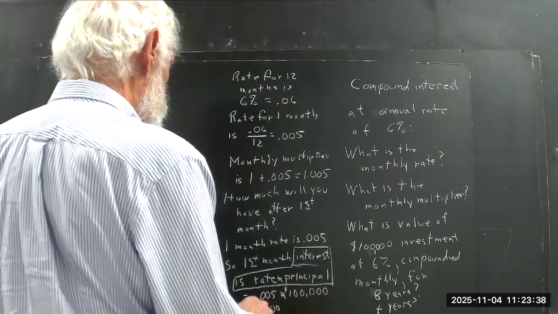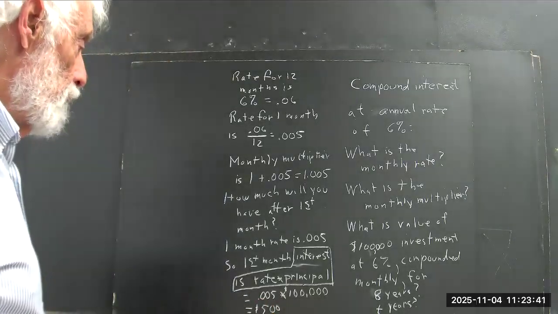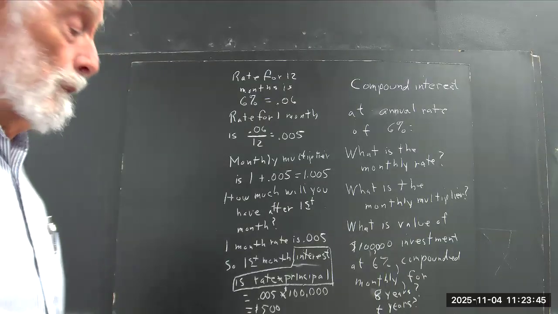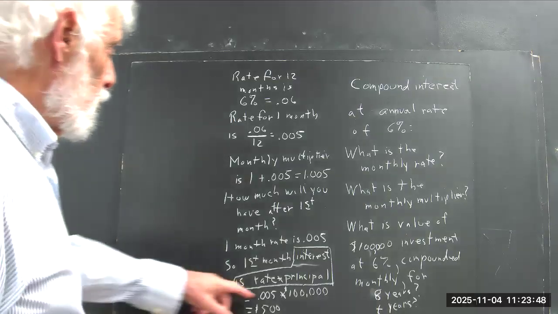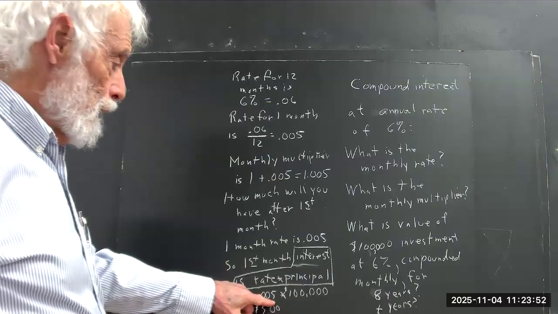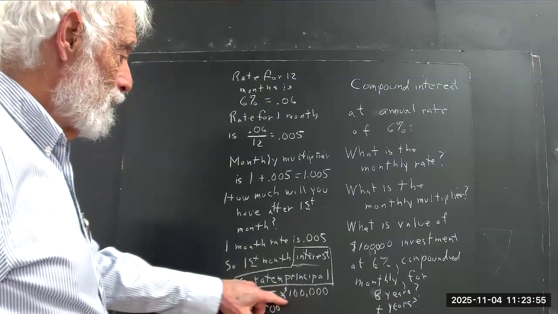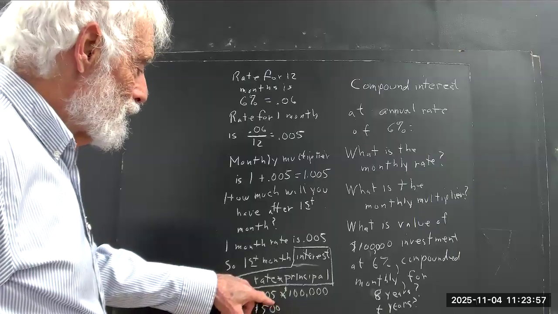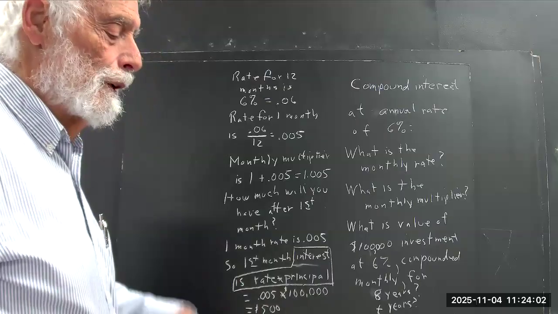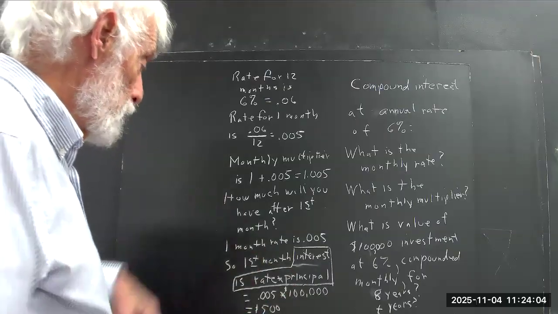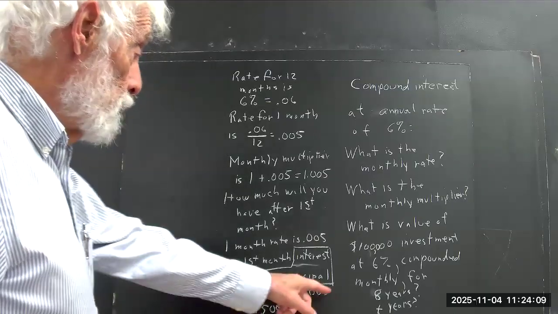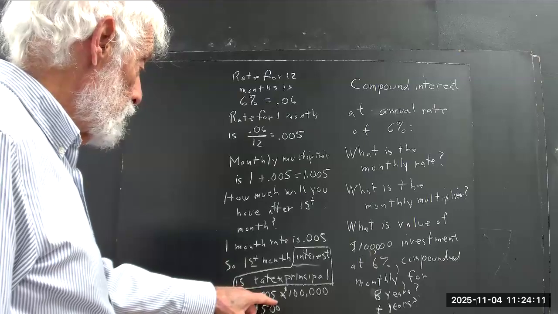That's dollars and that's dollars. So say it's going to be $500. 0.005 means 5 out of 1,000. You have 100,000. So at $5 for every 1,000, 100,000 will give you 500. That's one way to think of it. But on the other hand, you just do that multiplication. You're going to move the decimal. How many places? 5 places.